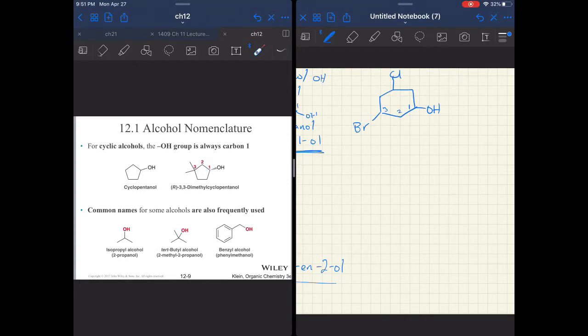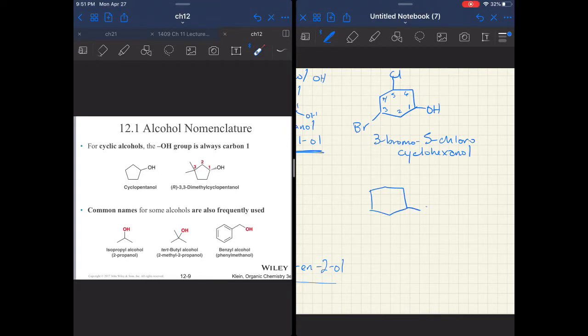I'm going to put the bromo in the 3 position since there's nothing else to break the tie but the alphabet. This would be a 3-bromo-5-chlorocyclohexanol. But again, nothing was there to be a tiebreaker except the alphabet.